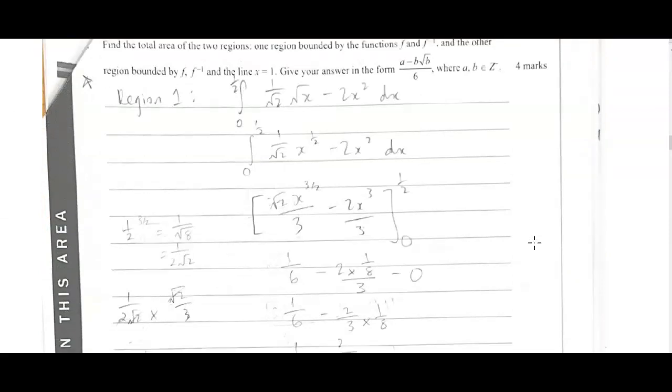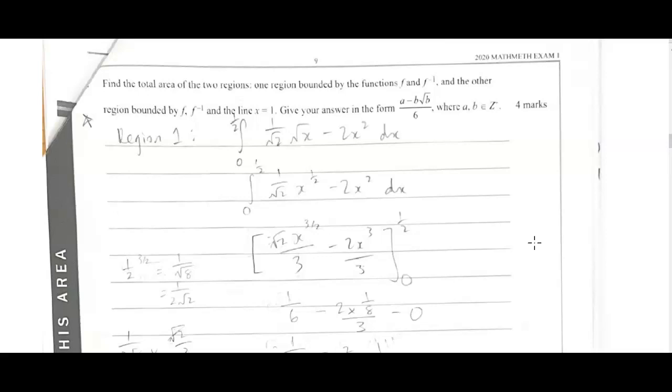So this question here, oh my gosh, it took me a few attempts, because I kept making mistakes with my substitution. For this one, we have to find the total area of the two regions.